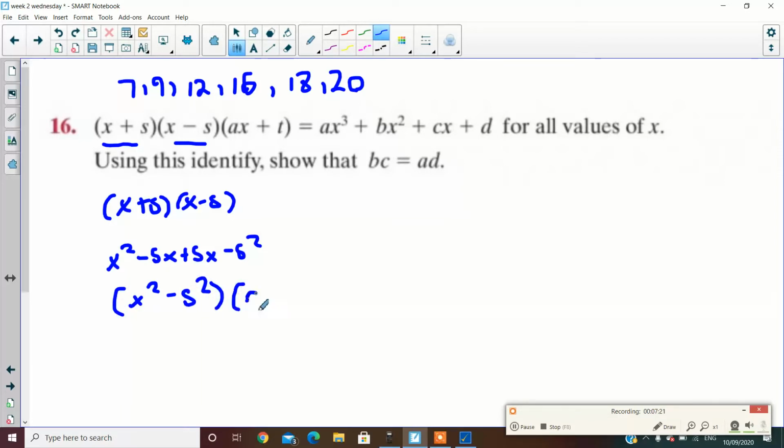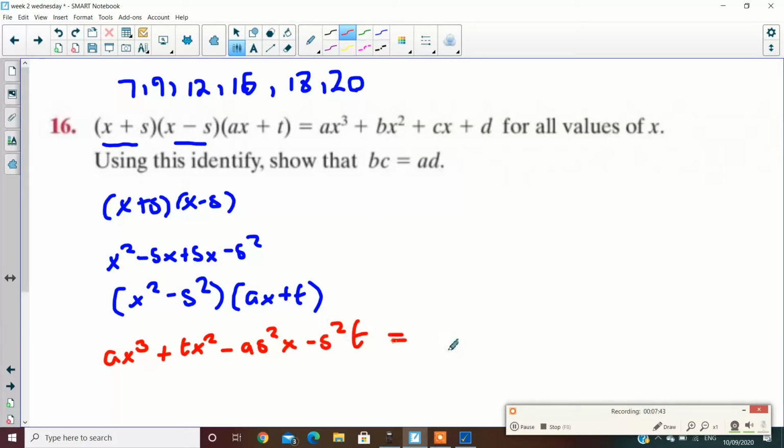Next thing after that is you're going to multiply by ax plus t. Should come out with 4 different parts. Should come out with ax cubed. You should come out with tx squared minus as squared x minus s squared t. And all of that will equal what's over here.